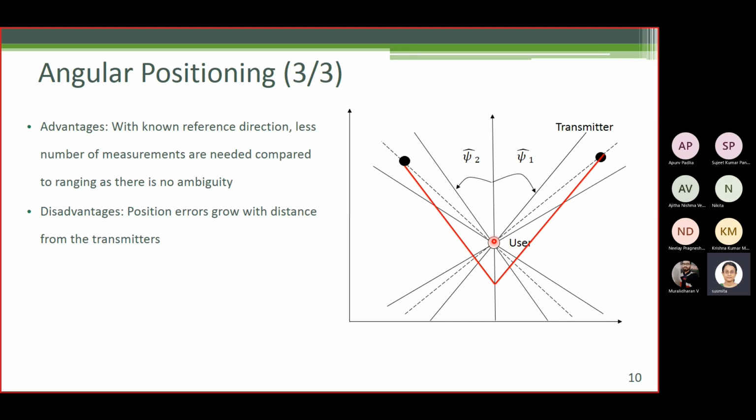We are making a measurement, so what we get is actually not the true bearing, but it is true plus some error, epsilon, right? So for this particular case, if the true bearing is psi 1, what we are measuring is psi 1 hat, which is equal to psi 1 plus epsilon.